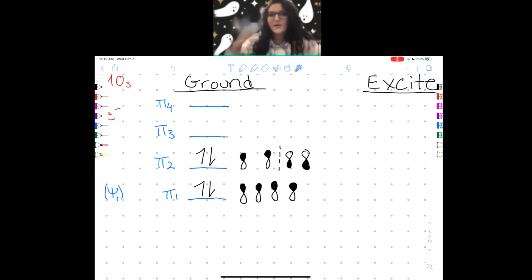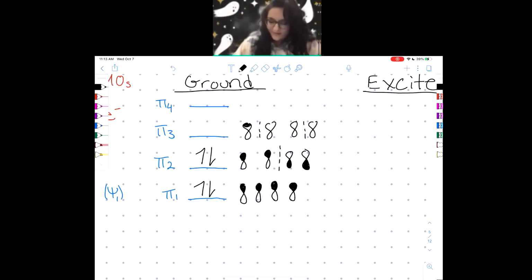Then when we go up one more energy level, we're going to have 2 nodes present, but 3 different flips. You'll see what I mean in a second. So the first one will stay up, the next 2 are flipped down, and the last one is flipped back up.